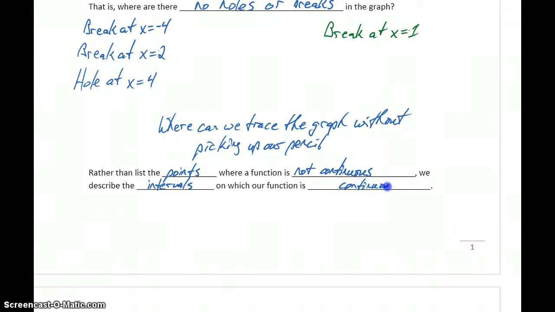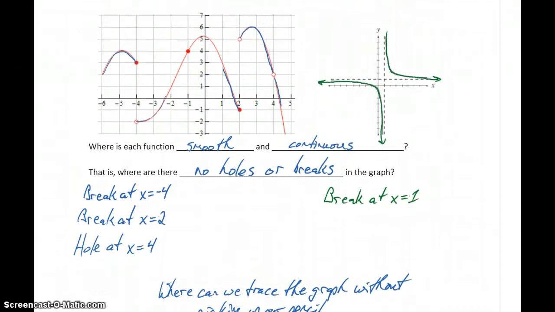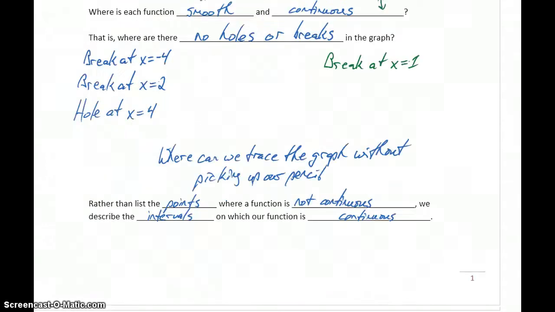Taking a look at our graph again, we can trace this section of our graph up to and including that function value at -4, up to a function value of 3. So as x increases from -infinity all the way up to and including -4, our function is continuous.